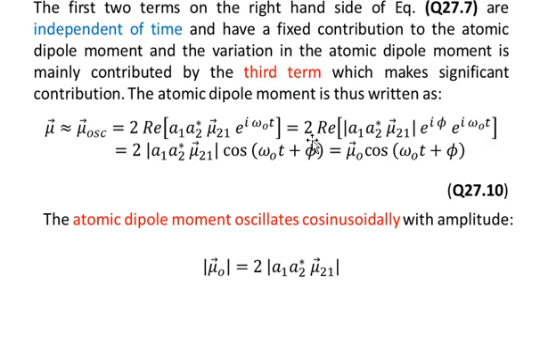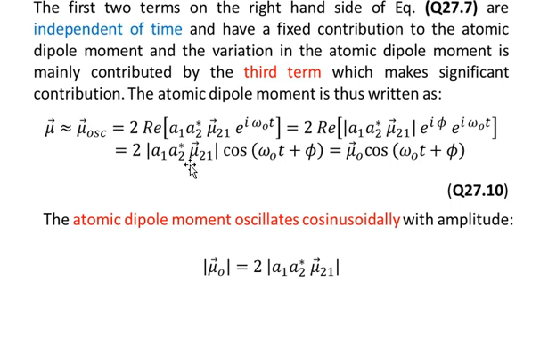So you see that then we can take the magnitude part out of the real sign, that is 2 into the mod of A1 A2 star mu 2 1 multiplied by the cos of omega naught t plus phi, because we can add two exponential terms because we have e to the power iota, within the bracket we have omega naught t plus phi, and since we are considering the real part of that one, it is equal to cos of omega naught t plus phi.